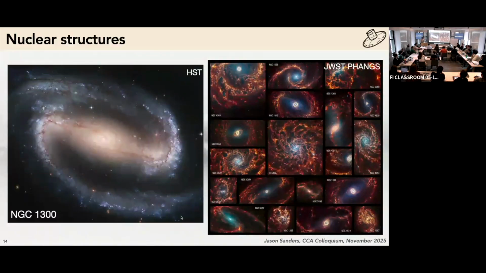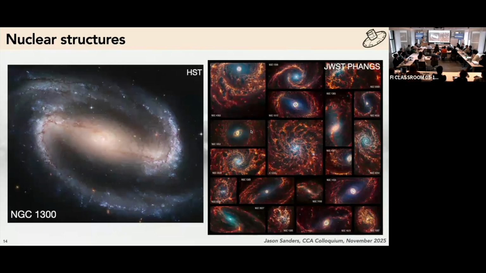So many galaxies that have bars also exhibit very clear nuclear structures. Here, in NGC 1300, you see this overdense disk or knot at the center of the bar of the galaxy. And you can see how these dust lanes plunge in and almost connect onto this central region.